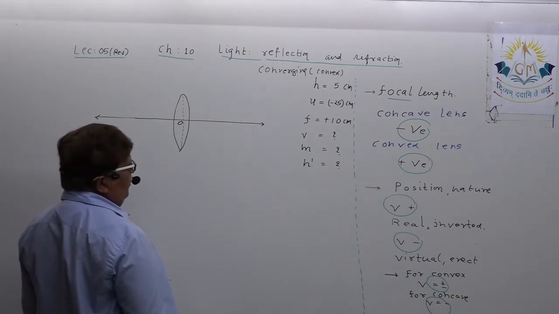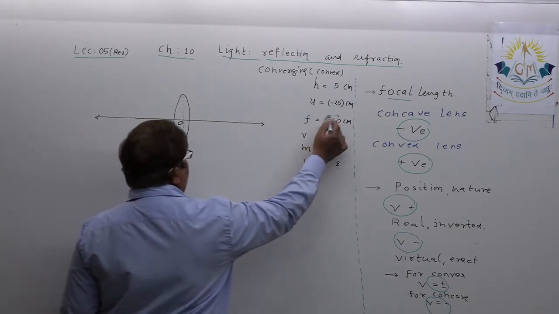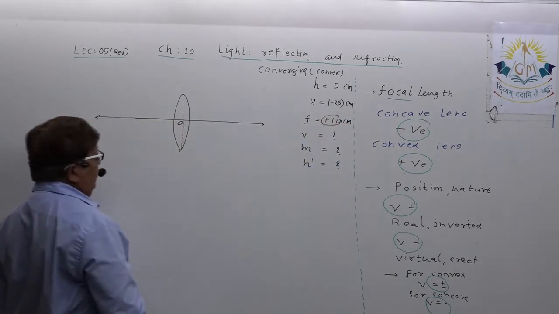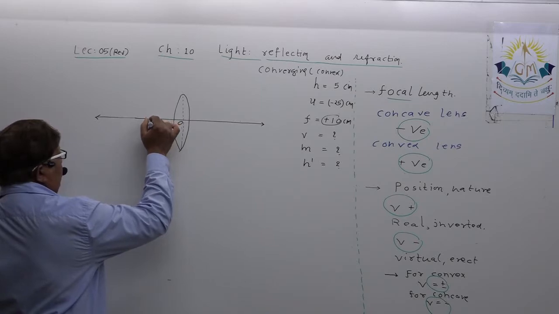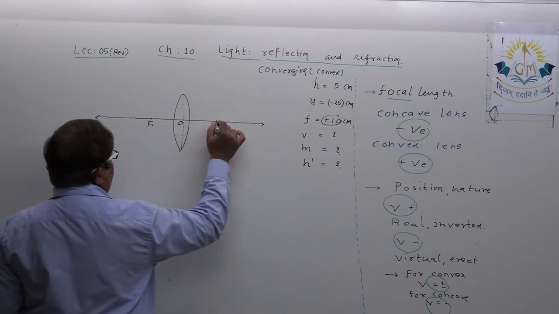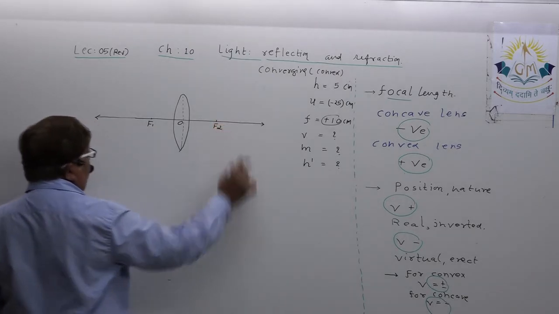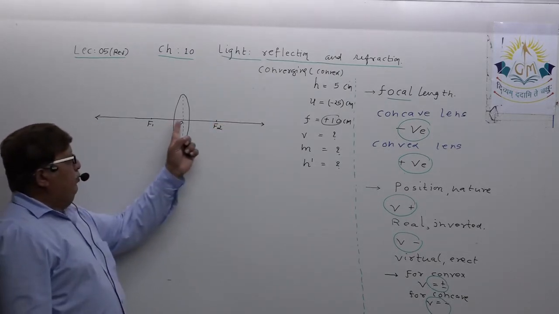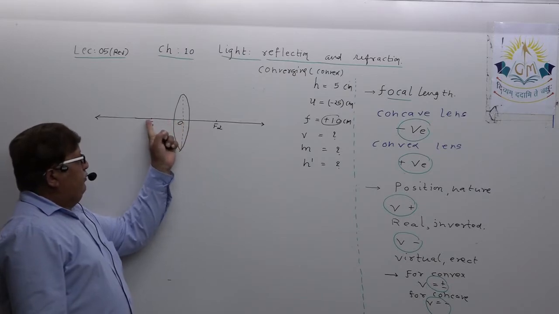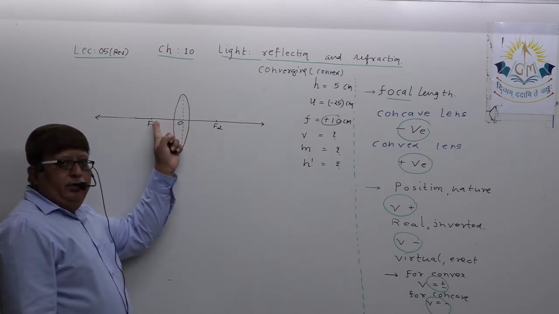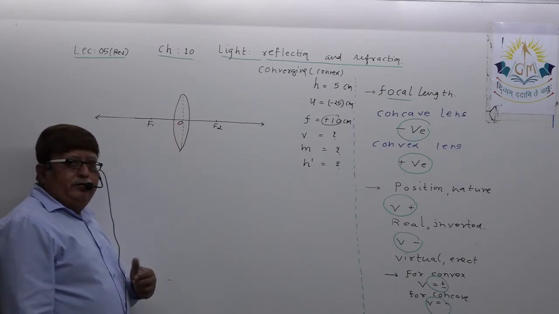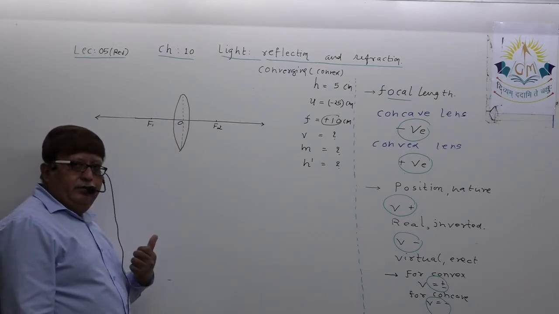What is the focal length that has been given, dear student? 10 centimeters. You do not have to go exactly as per given measurement, but if I write F1 and F2, obviously this is 10 centimeter, that we are just supposing.